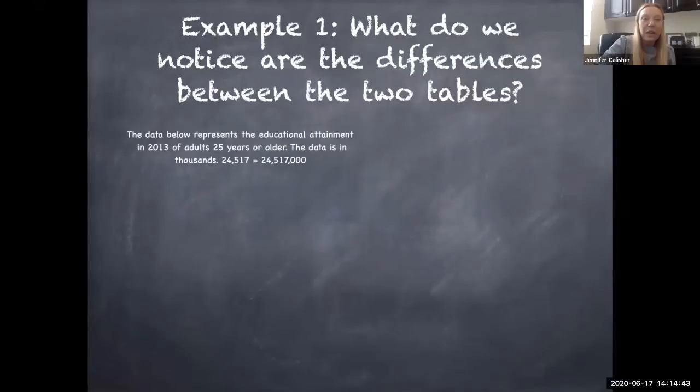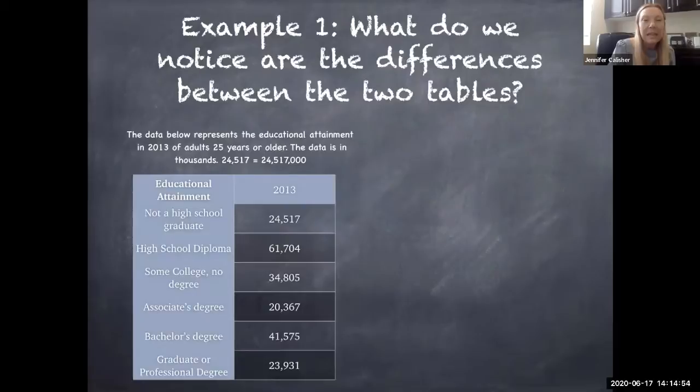And so when we look at our frequency tables, here we're going to look at 2 different types, okay? So first of all, I always try to use data that's real. I'm not always able to, but here I'm going to have a table where the data below represents the educational attainment in 2013 of adults that were 25 years or older. Keep in mind though that the data is in thousands.